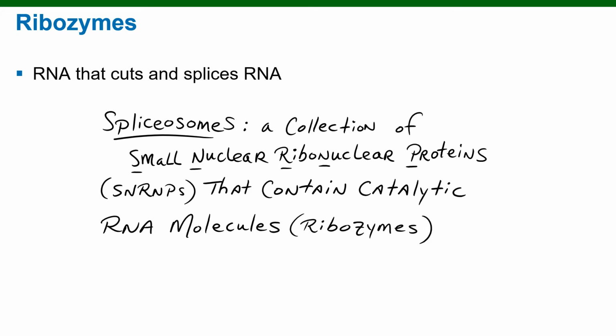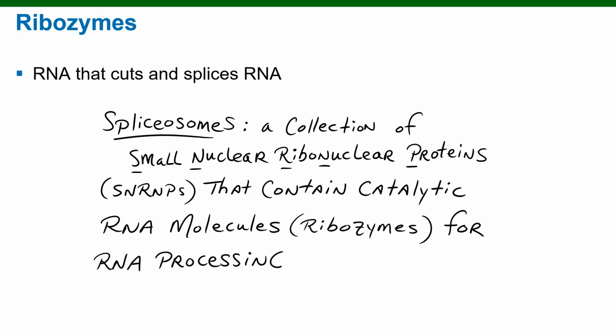Their function is for RNA processing. That's what the spliceosome does, it processes RNA after it's first made. When RNA is first made in a eukaryotic cell, it's called primary RNA.